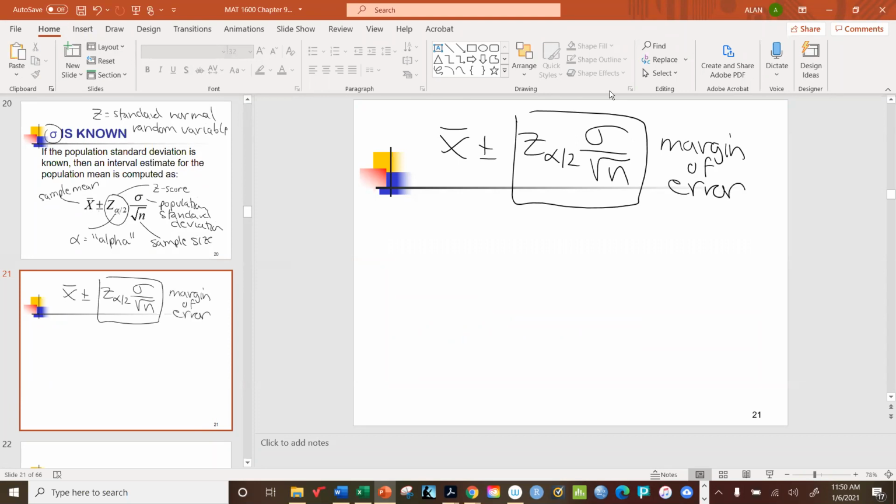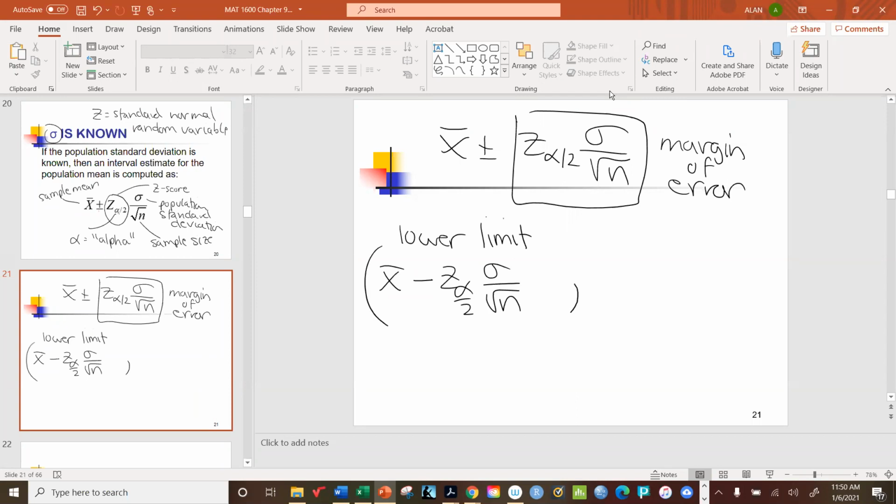But this formula basically tells me to create an interval in the following way. We're going to have a lower limit of x bar minus the margin of error. And then we're going to have an upper limit consisting of x bar plus z alpha over 2 sigma over radical n.